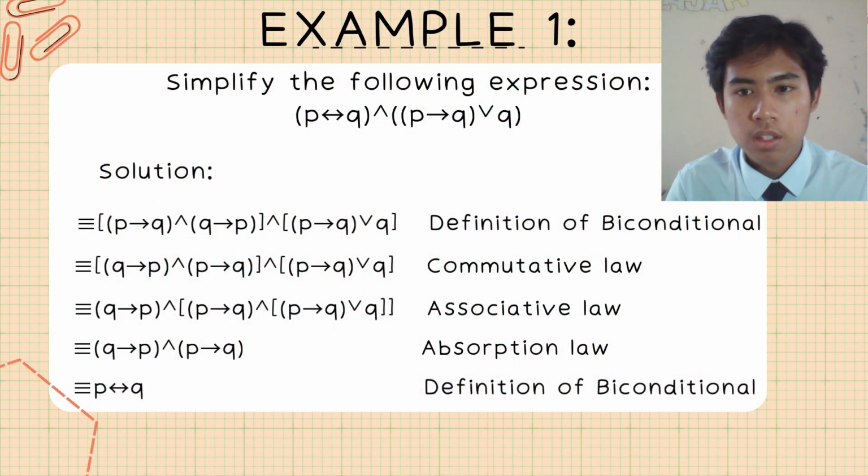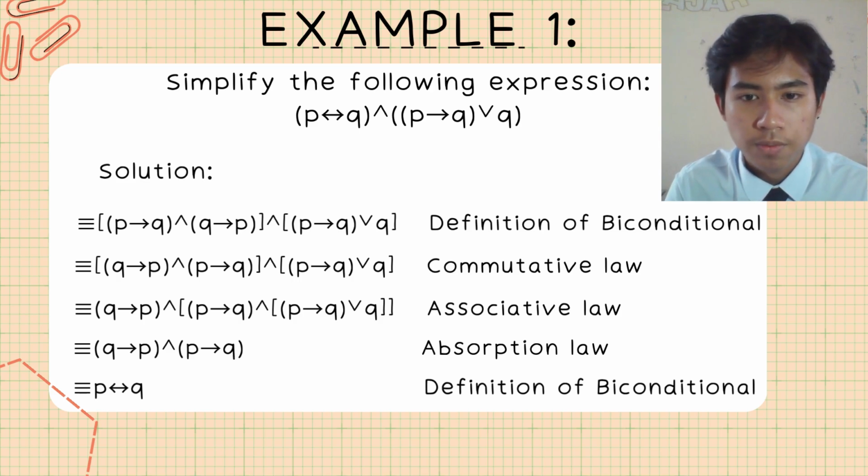Proceed to the examples. Now I'm going to give some examples for laws of logic. The first example states: simplify the following expression, P if and only if Q, and P implies Q or Q. In the first step of the solution, we use the definition of biconditional.